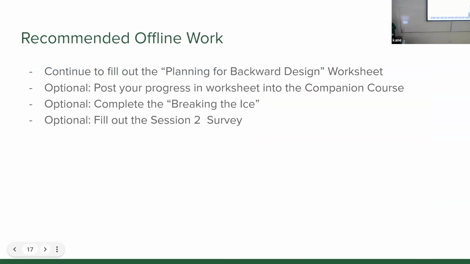So that pretty much wraps up things. As noted, there's stuff to do in the companion course if you so wish. One particular thing is I've added an assignment with a due date called Breaking the Ice. This is again optional, but I want you to see what the due date looks like from the student view.